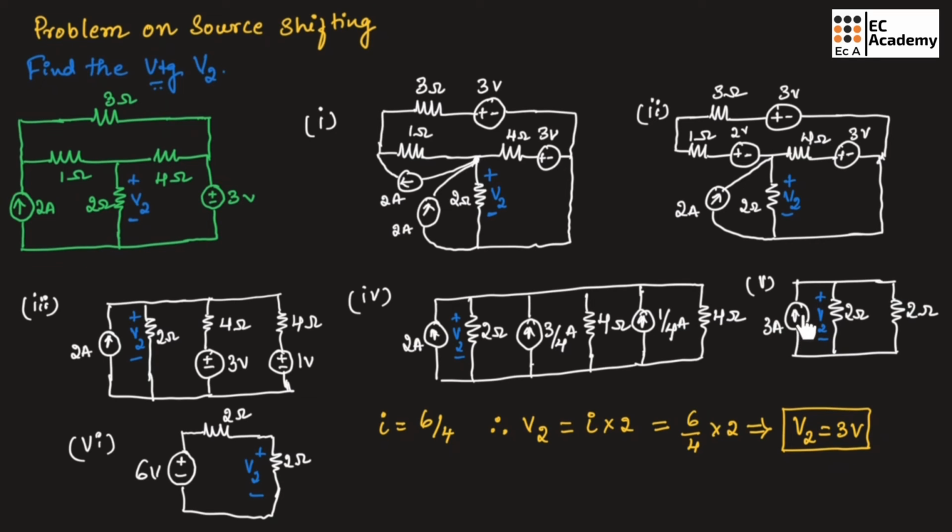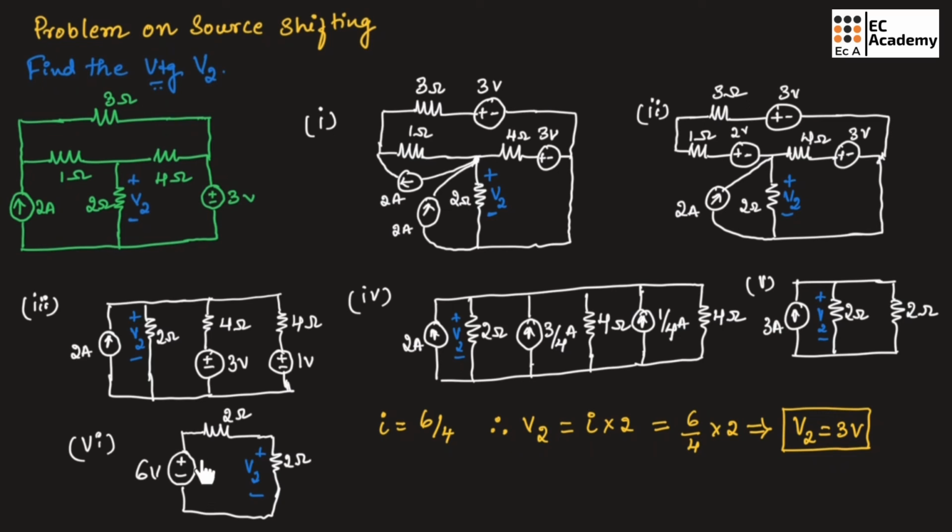Now this current source is converted into voltage source, which means V is equal to I into R. So 3 into 2, it is 6 volts. That is what we have written in step number 6. And this resistor will be connected in series with the voltage source. So we'll keep this resistor as it is so that we can find the voltage across this resistor.